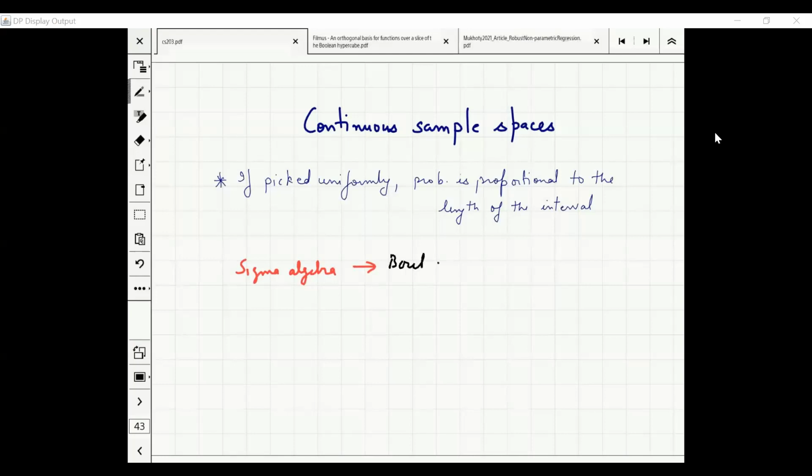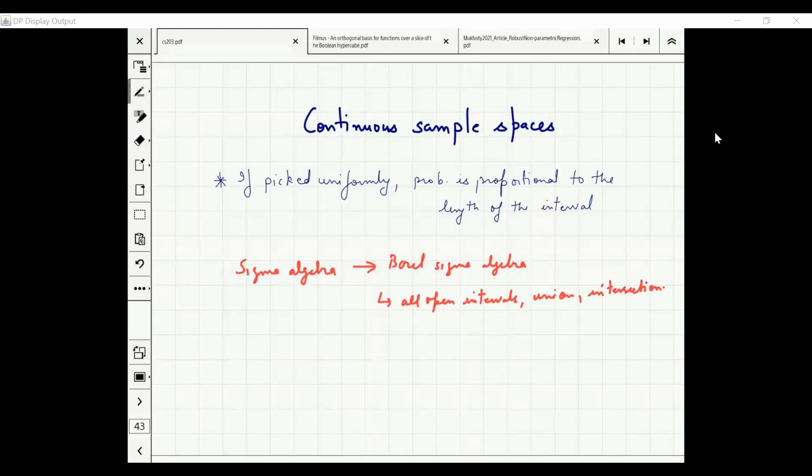And what was it intuitively? It contained open intervals, all open intervals, their intersection, union, and so on. Because remember, if you take just all open intervals, they will not form a sigma algebra. So we should take their union, their intersection, complement, all those have to be allowed.